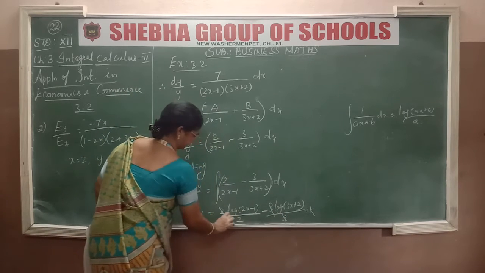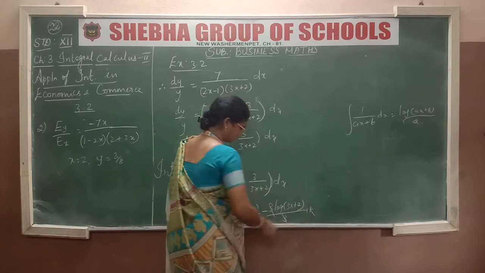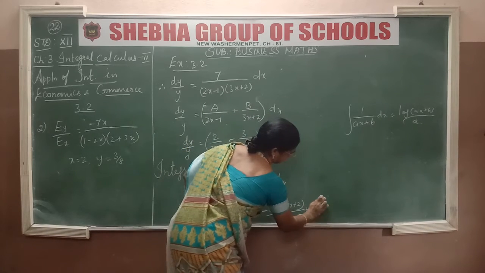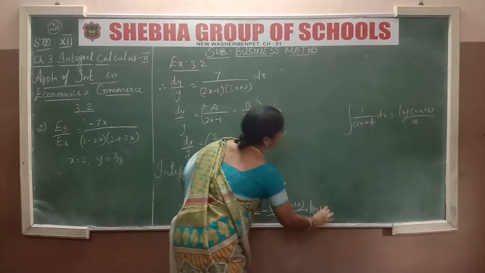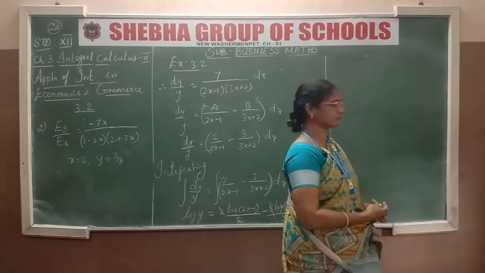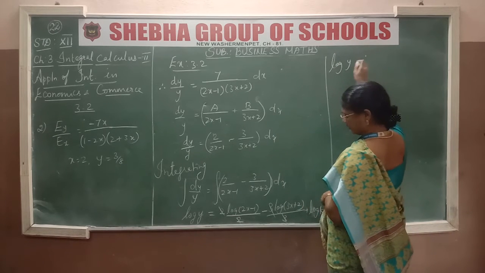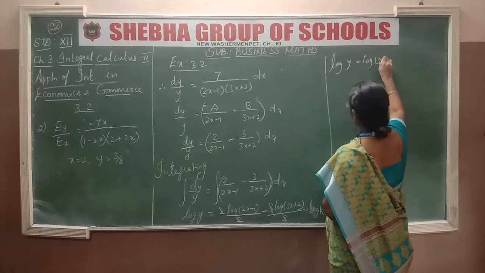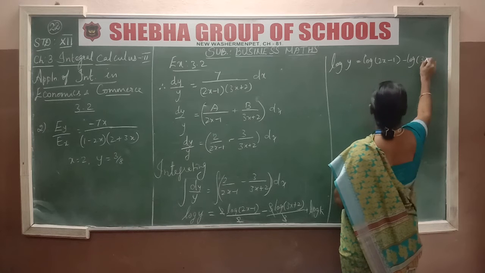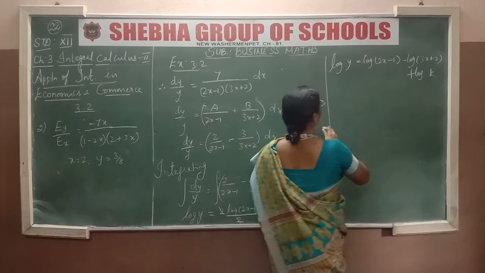Now 3, 3 and 2, 2 get cancelled. Here we use log k because all the terms are in log. So we can take this constant as log k. And listen, our left hand side is log y equal to log of 2x minus 1 minus log of 3x plus 2 plus log k by law of log.